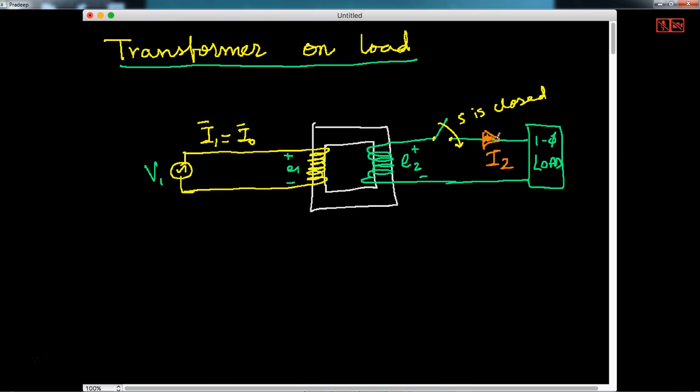Now correspondingly, the product of E2 and I2 is the power that is going to the load, the complex power. The same product E1 into I2 dash will also be flowing in the primary. To reflect this, we already discussed in the working principle, there will be another current, that is I2 dash. The addition of I0 and I2 dash together will now become the I1 current.